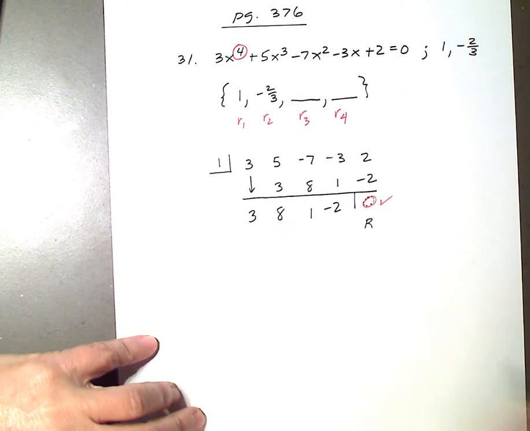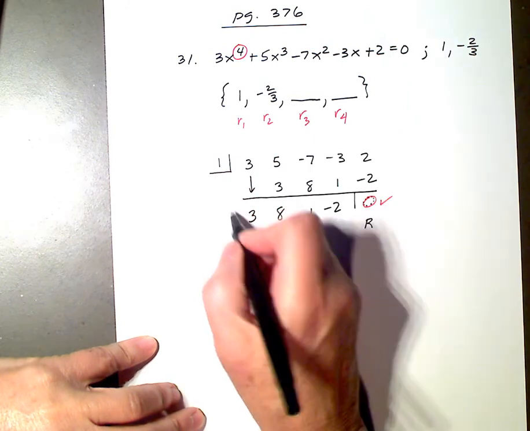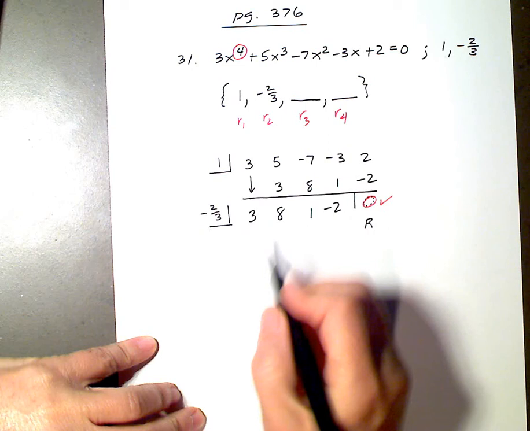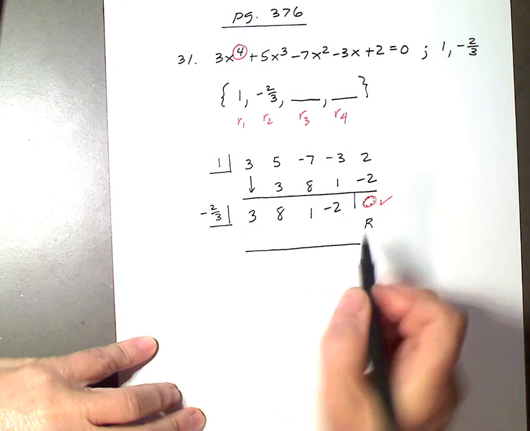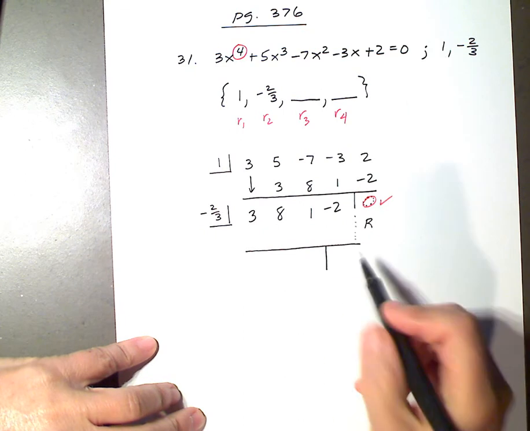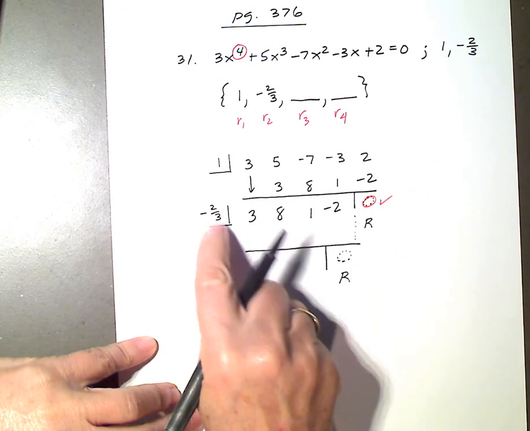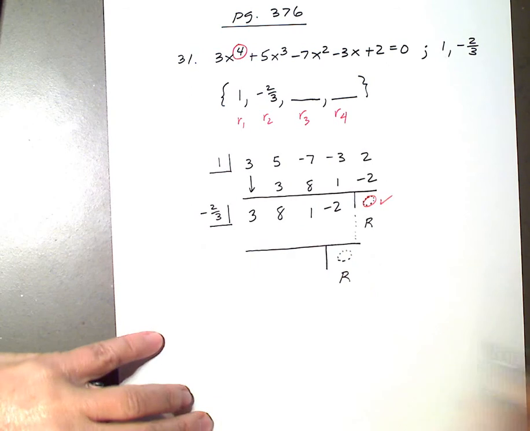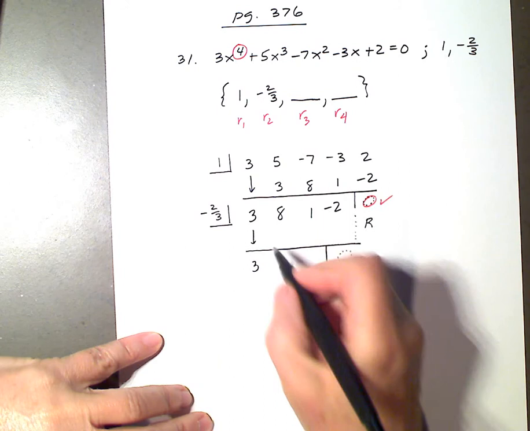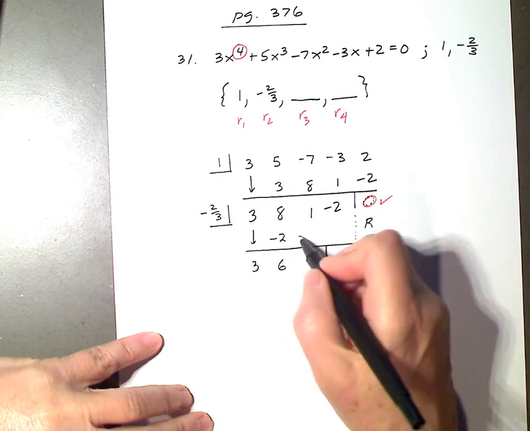I need to divide by another power of x, so I need to divide now by the negative 2/3. And when I do that, this column, because I blocked that one out, will be where my remainder is, and again that should be a 0 because this is a known root. So bring down my 3. 3 times negative 2/3 is negative 2. 6 times negative 2/3 is negative 4.